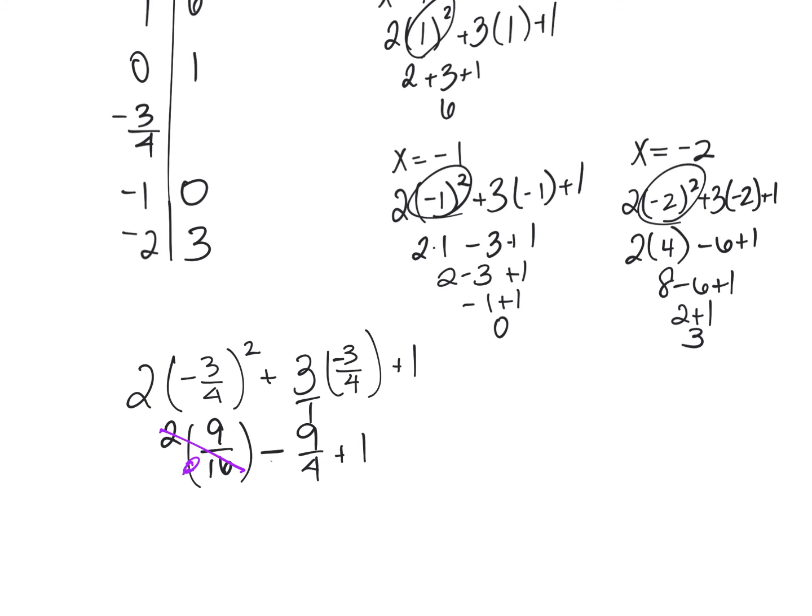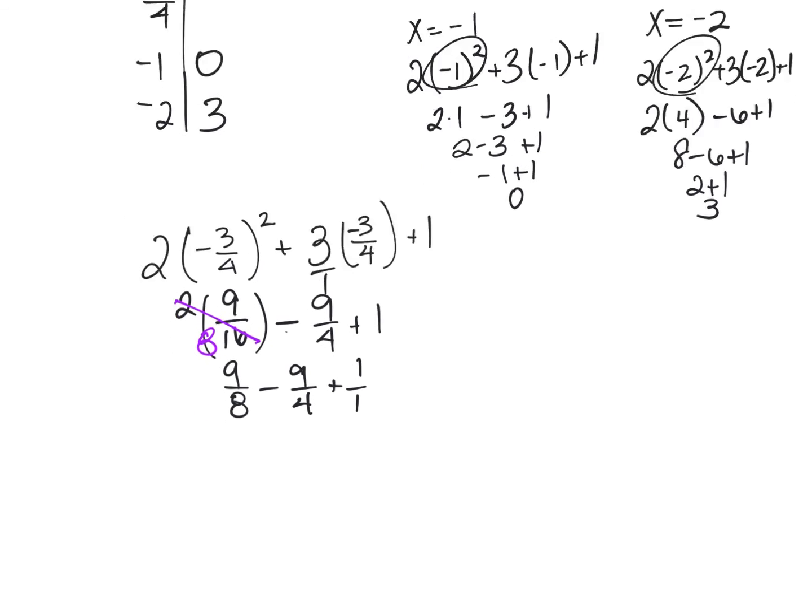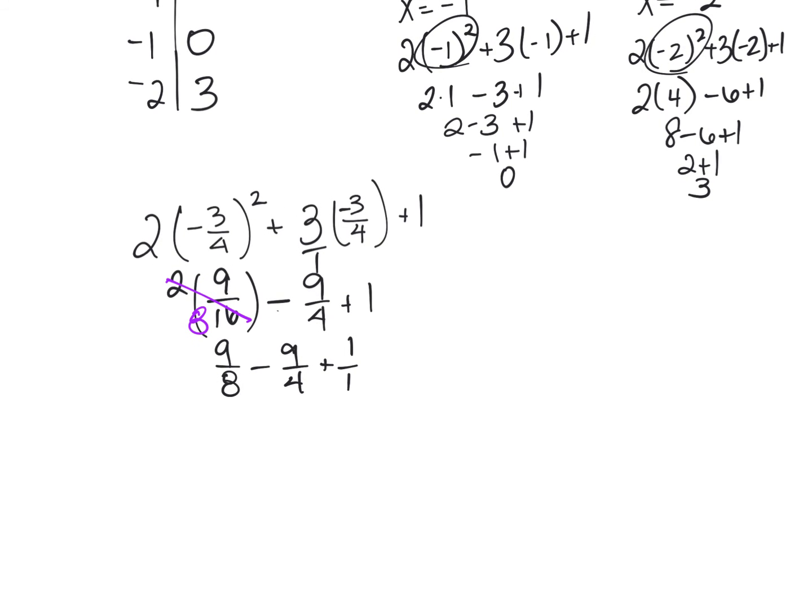Now, can I divide 16 by 2? Yes. So that's 8. So I get 9/8 minus 9/4 plus 1. I'm going to make this a fraction, 1 over 1. So I need a common denominator of 8.